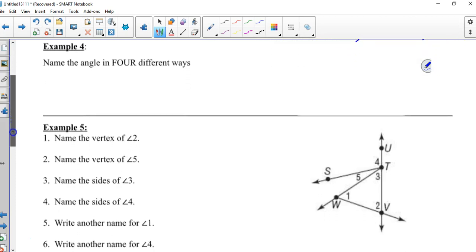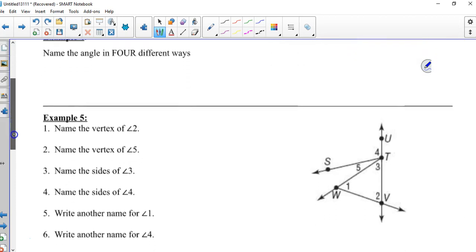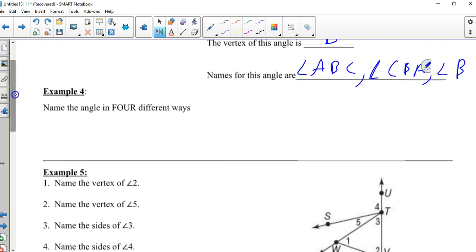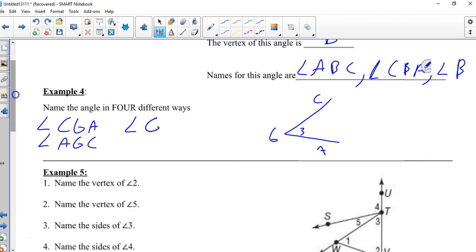Okay, almost there. Name the angle in 4 different ways. For some reason this did not show up, so I'm going to draw it in here real quick. C, G, A, and the 3. So 4 different ways. We can call this angle CGA, angle AGC, just reverse it, angle G, or angle 3.